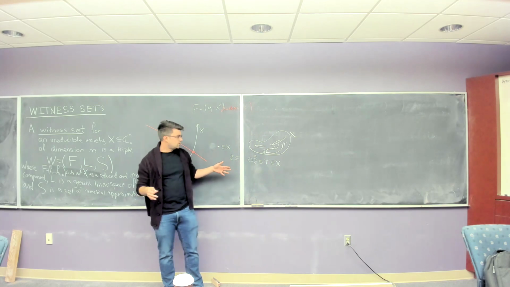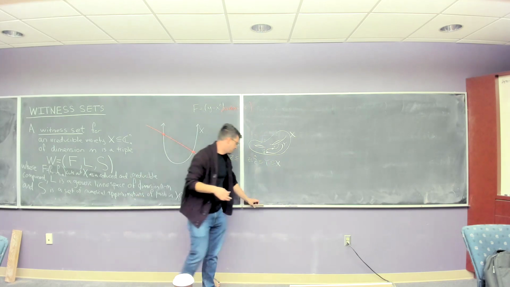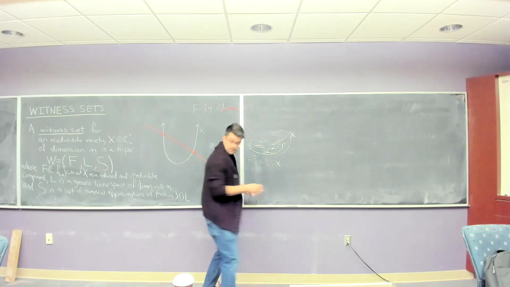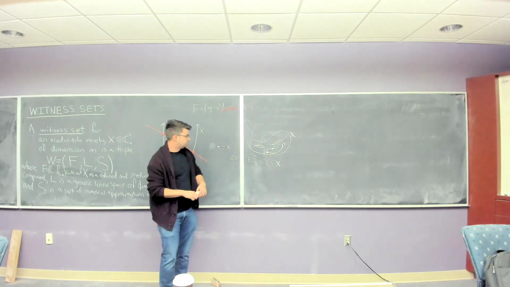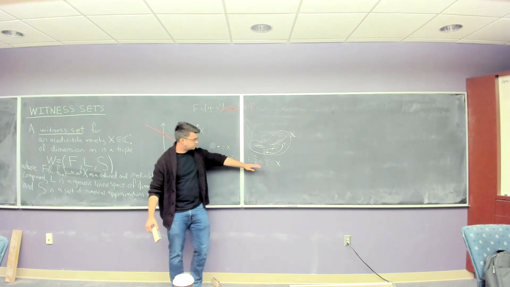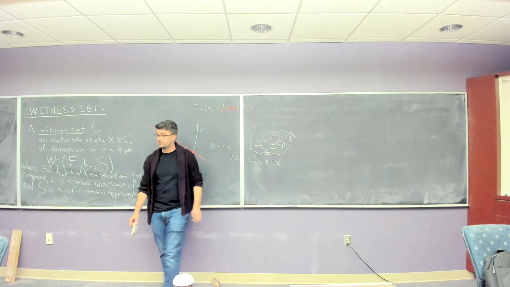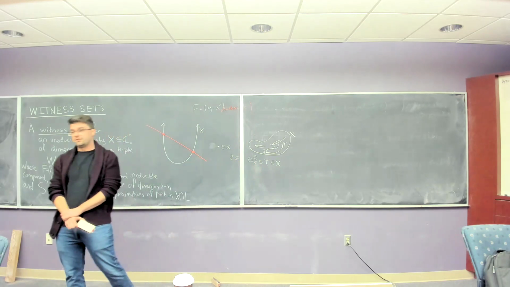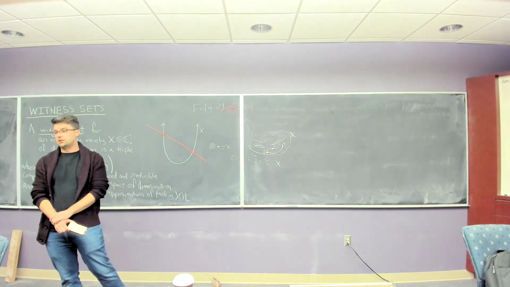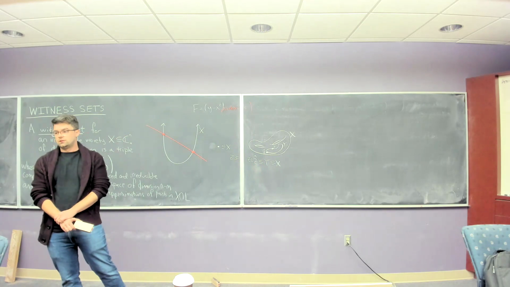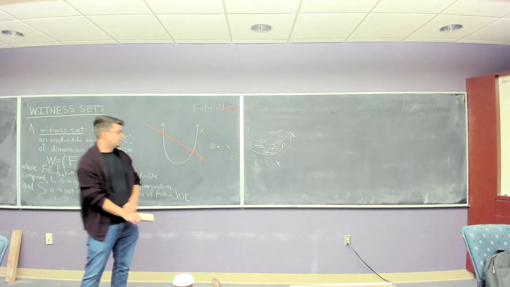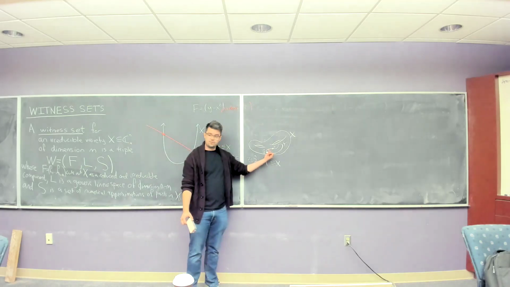So that's why irreducible needs to be in there. Here, I found another chain of subvarieties. It's still a proper chain of subvarieties. None of these containments is an equality.